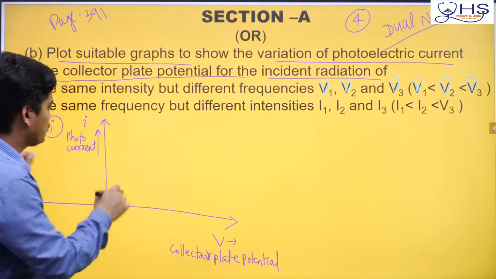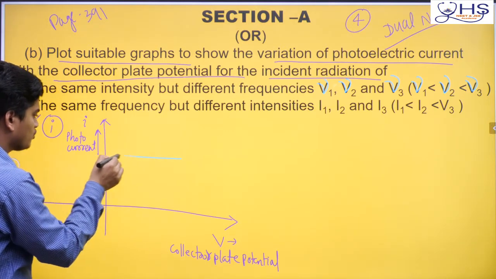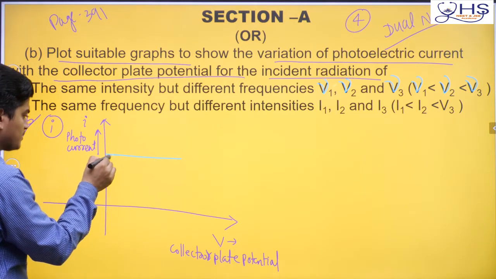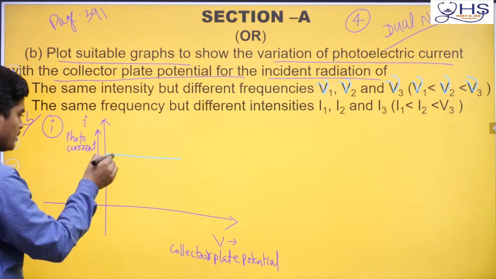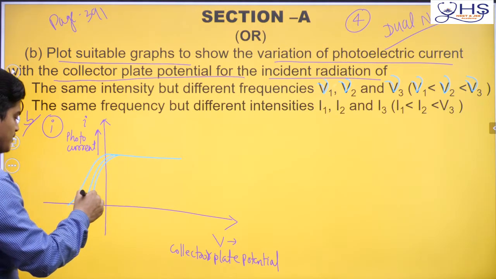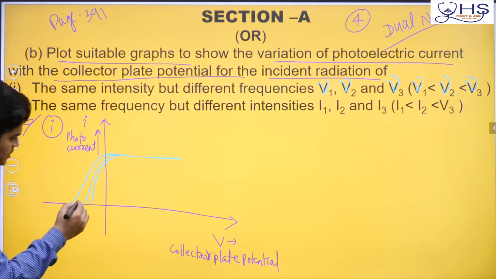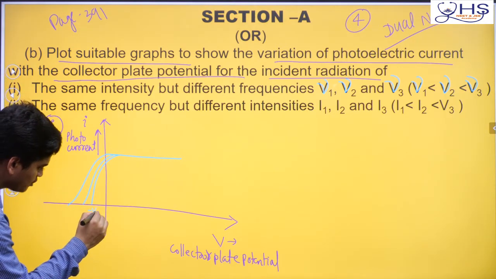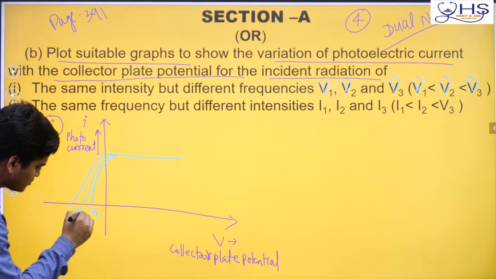Now one saturation current will happen. After that, you can take different potentials for the different frequencies, like this. So here it is minus V01, here it is minus V02, minus V03.